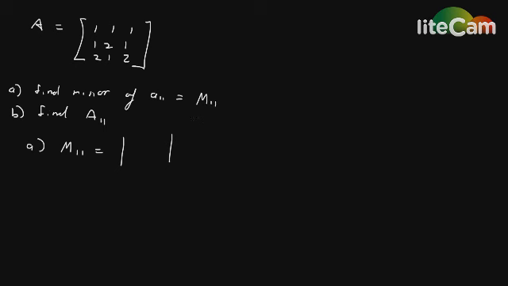So let's delete row 1 and column 1. There goes row 1, there goes column 1, and we've got 2, 1, 1, 2.